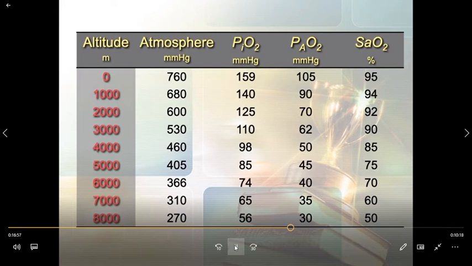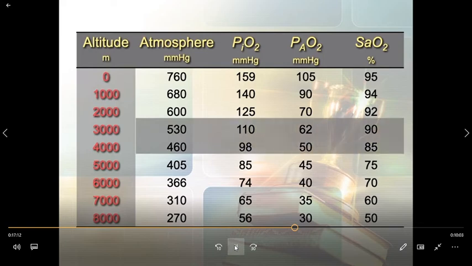The higher the altitude is, the lower the inspired air partial pressure is. And we are at this height above sea level, so we get satisfactory partial pressure of oxygen in the artery and saturation.